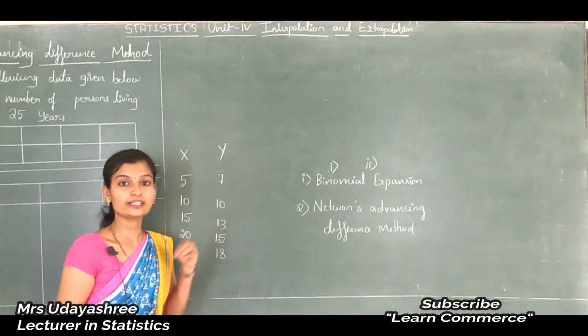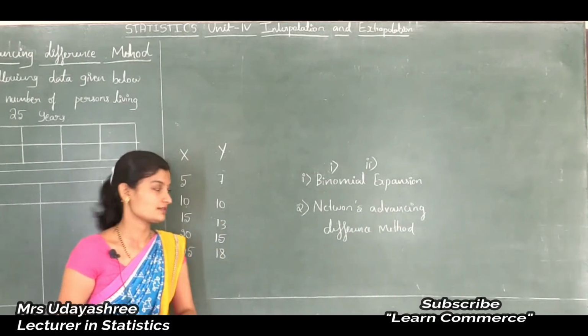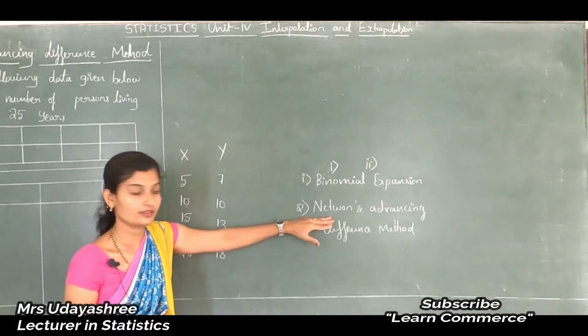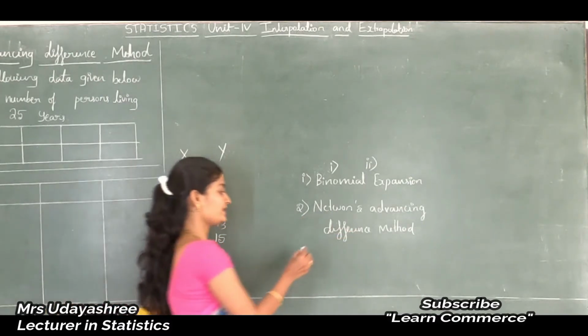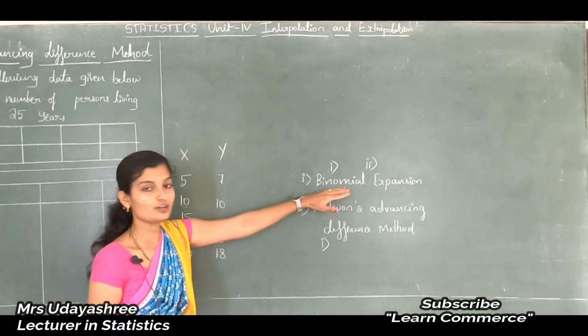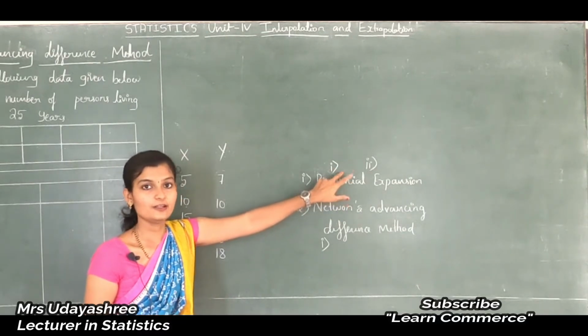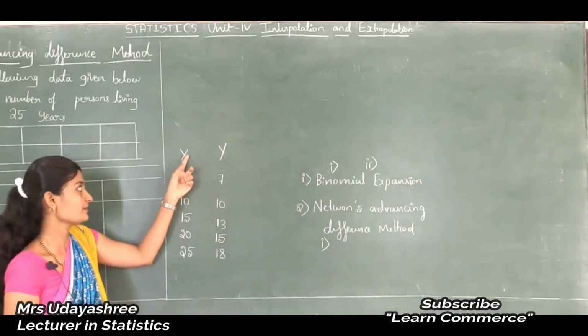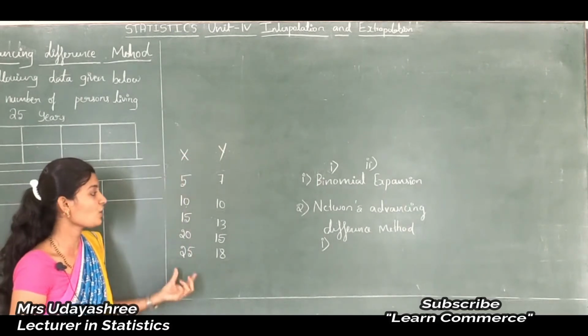These are the important conditions of the binomial expansion method that we had already discussed. In the second method, Newton's advancing difference method, there are also two conditions. The first condition is the same as in the binomial expansion method: the independent variable, the x observations, should have a common difference.